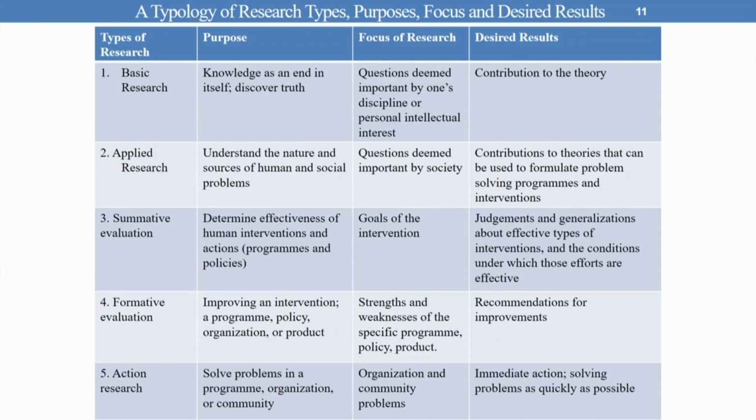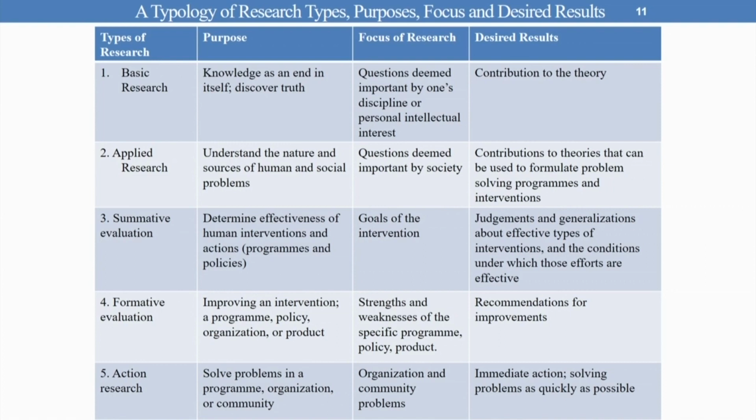For example, if we are dealing with the issue of hunger and malnutrition in India, because nutrition is a question that is deemed important by the society, some of the questions that we need to ask in the present context are: why has the percentage of wasting in India risen over a period of time?